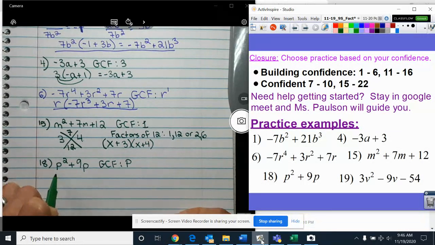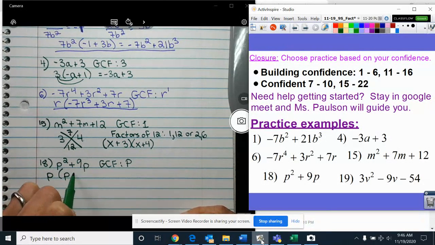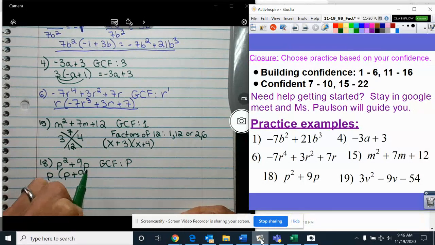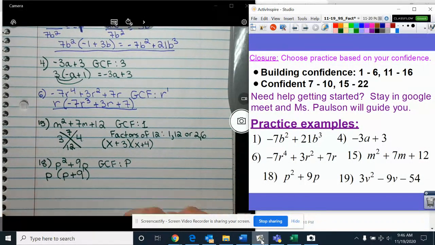So when we divide that p out, let's factor it out. P squared divided by p is p. 9p divided by p is just a positive 9. And so there's your final answer for 18.